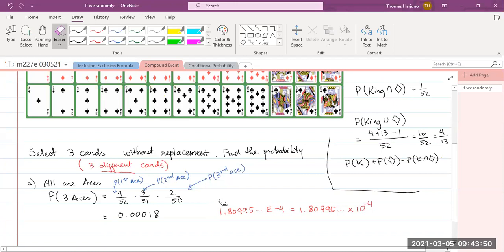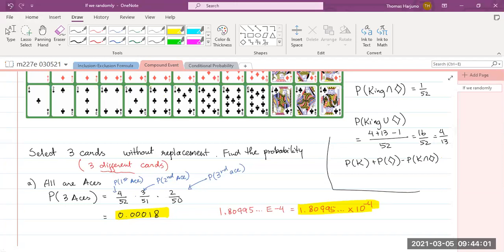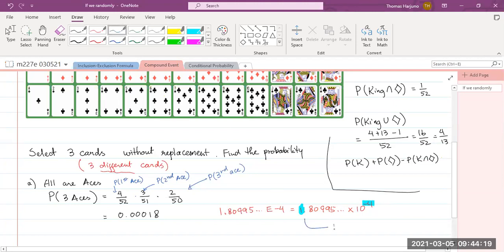However, in my class, I want you to still write it in decimal. You can write the calculator form first, but then you need to also write the decimal after that. What does it mean to have 1.8 something times 10 to the negative 4? It means the 1 here is at the 4th decimal place.